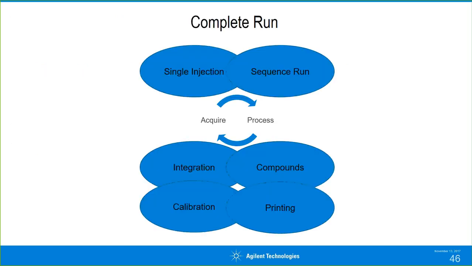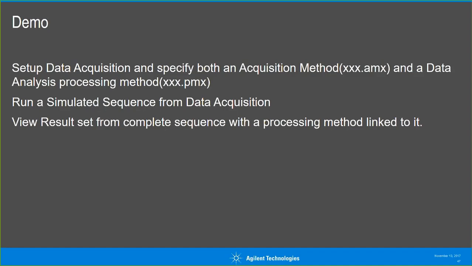All right, so again, the complete run, right? The single injection and sequence run. You can have the AMX file and processing file all combined in there to run and to link and to process all together, and then to submit reports all together, right? So you start with integration, compounds, calibration, and printing. So this is to pull it all in together, right?